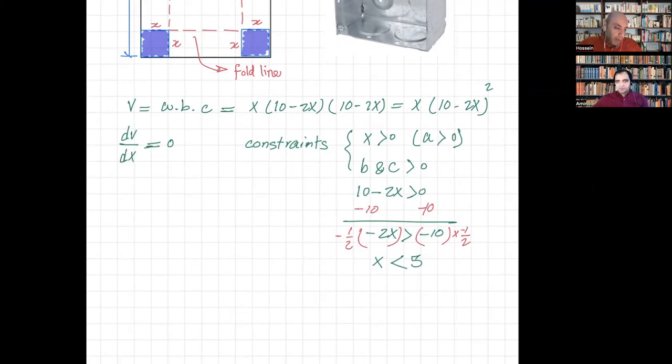No problem. So I just go ahead and find the derivative of the volume that I wrote on the first line. So dV over dx is equal to, what I have here is x times (10 minus 2x) squared.